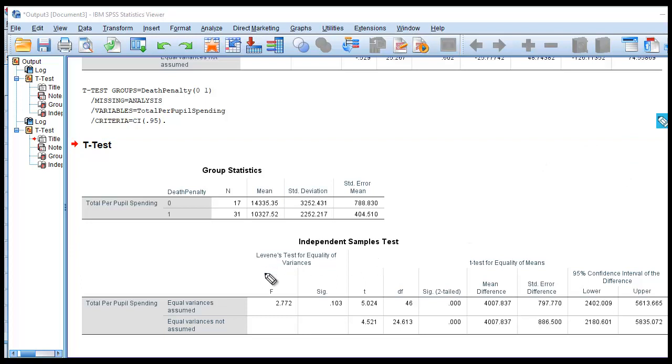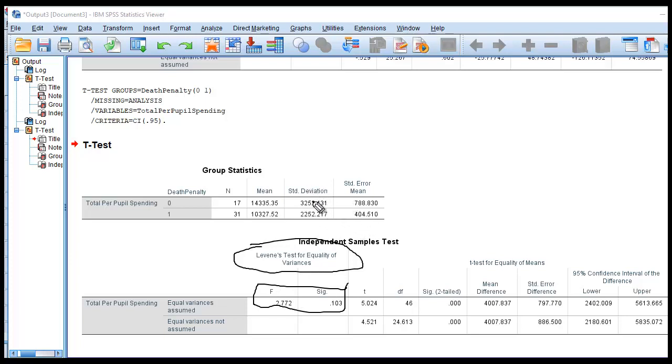You also have Levene's test for equality of variances. What this test is really aimed at doing is testing an assumption related to the independent samples t-test. One of the assumptions is that you have equal variances on your dependent variable between the two groups.